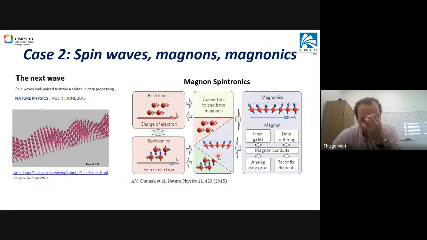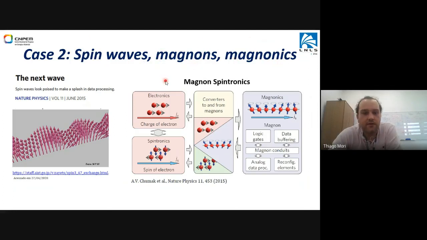And the other case, which I think is closer to the laboratory in Santa Maria, is that we can measure dispersion relations of spin waves, magnons, which are very important for magnonics.